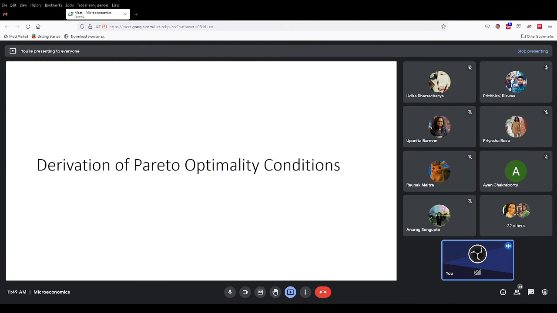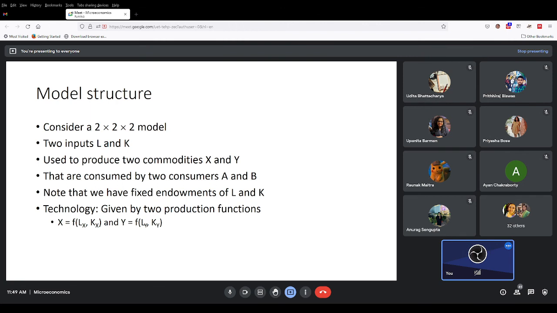Okay, in the next class, we are going to take a 2 into 2 into 2 model. So it means that we are going to take two inputs, labor and capital. They are used to produce two commodities, X and Y. These commodities will be consumed by A and B, who are the two consumers. We assume that we have fixed amounts of endowments of labor and capital.